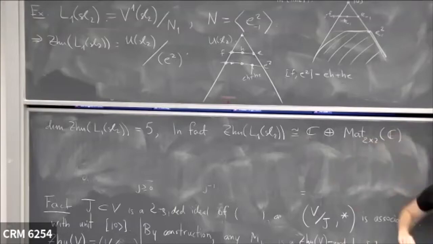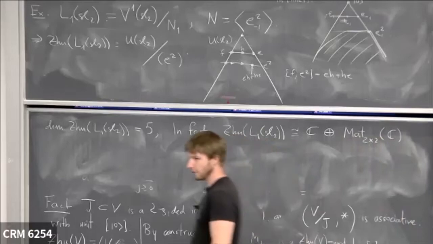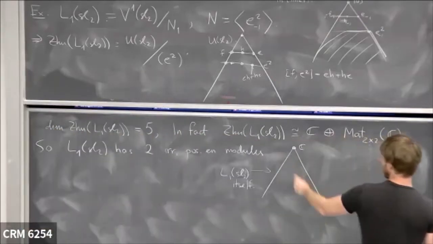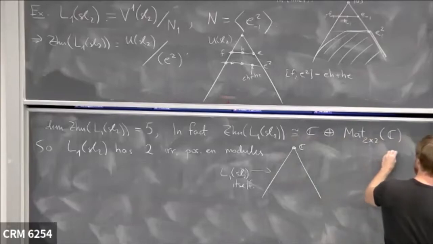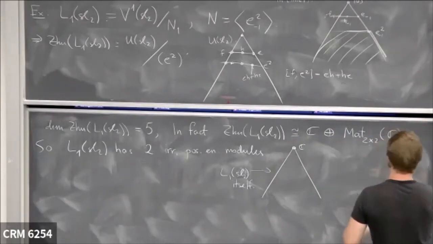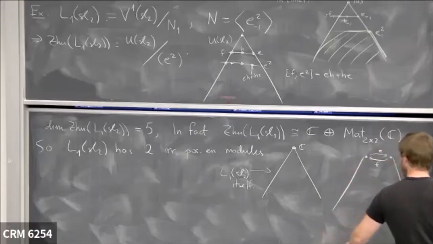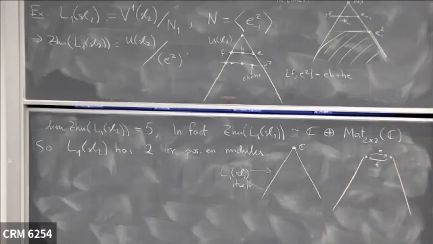So the vertex algebra has 2 irreducible positive energy modules, whose lowest pieces are dimension 1 and 2. One of them is the vertex algebra itself, and the other, it's not really visible. The other has this top piece, this little 2-dimensional representation, and then induce like that.